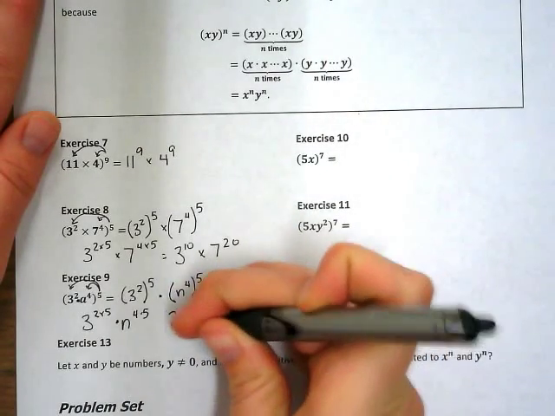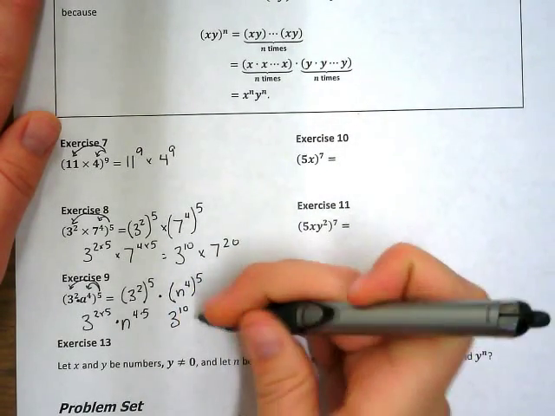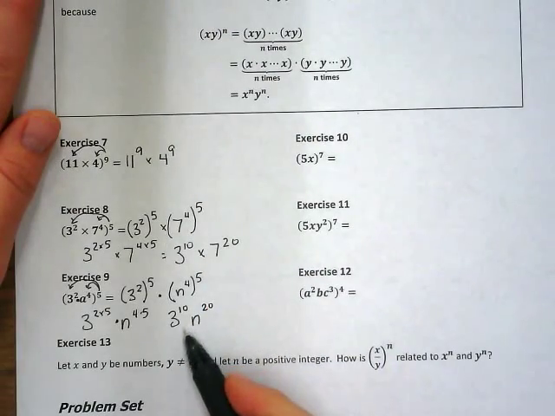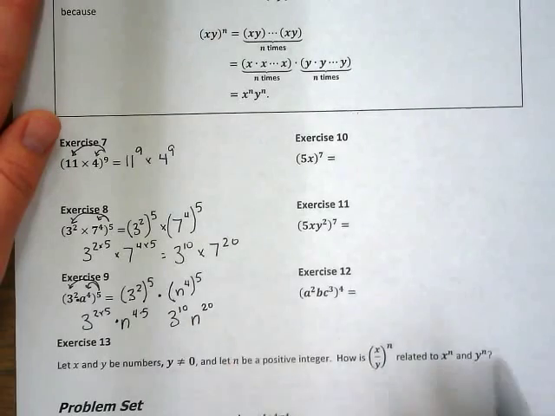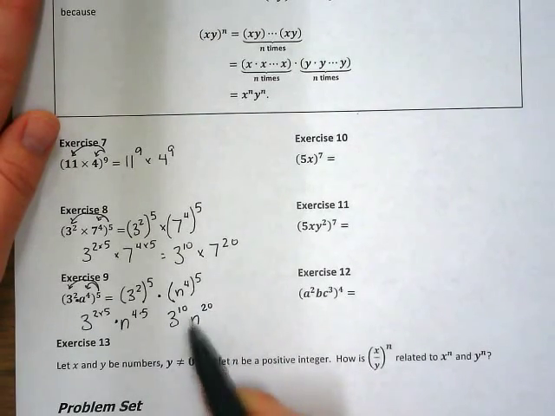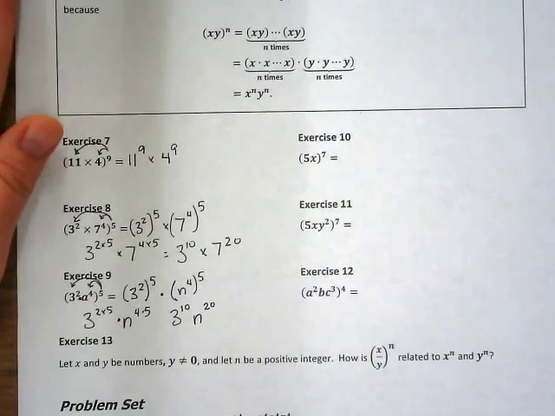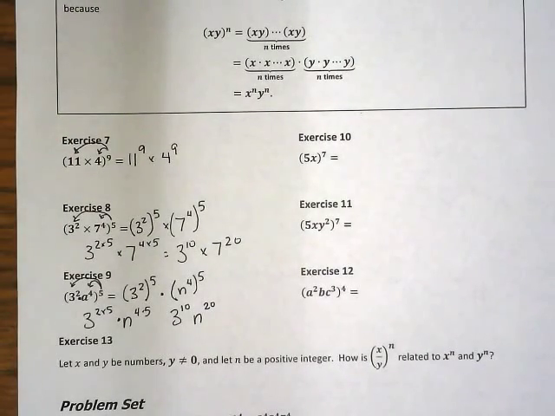That leaves us with 3 to the 10th power times n to the 20th. You'll notice I left out the multiplication symbol as well. This answer is correct, or if you included a multiplication symbol in between it, it would also be correct. Either is fine. Now that we've gone over the front and the back, go ahead and finish up this worksheet.